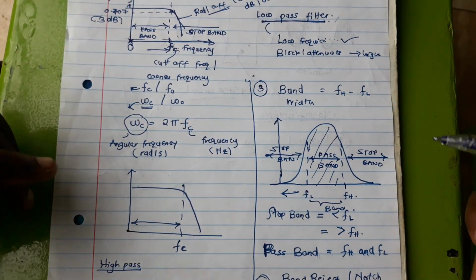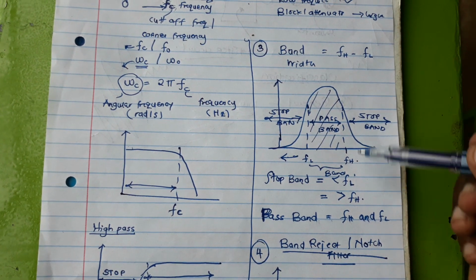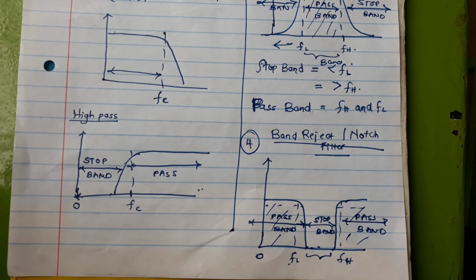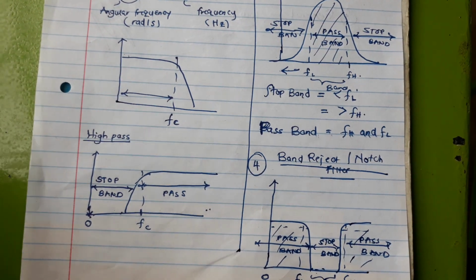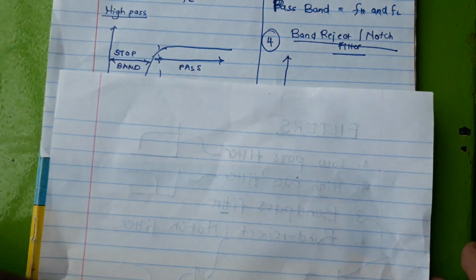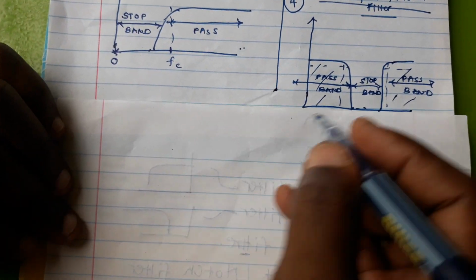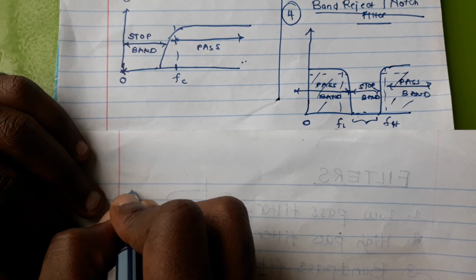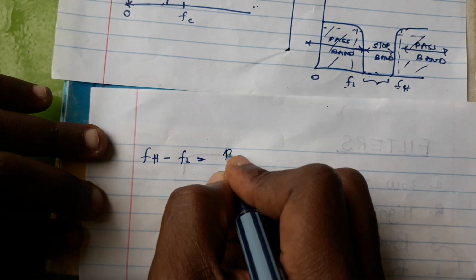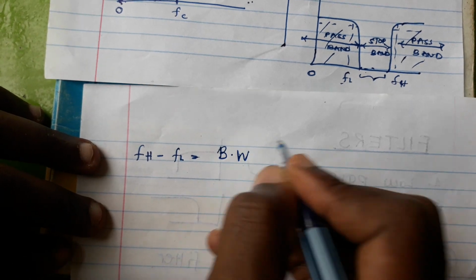And when you come to band pass filter and band reject filter, there are some few things that we would like to introduce, that since we have two frequencies involved, we've got other terms that come in handy. So the difference between FH and FL is known as bandwidth, which you can abbreviate as BW.